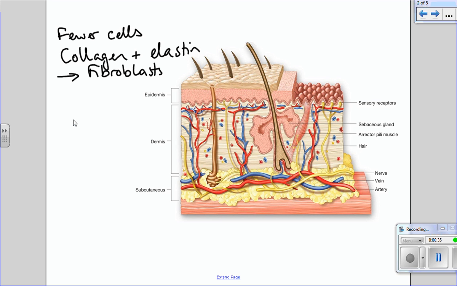It has the arrector pili muscles, and that's what makes your hair stand on end.